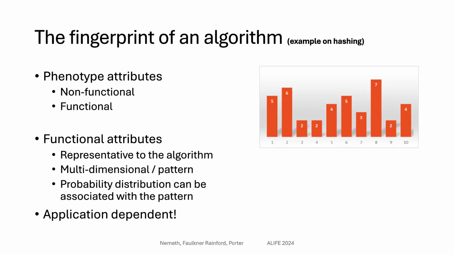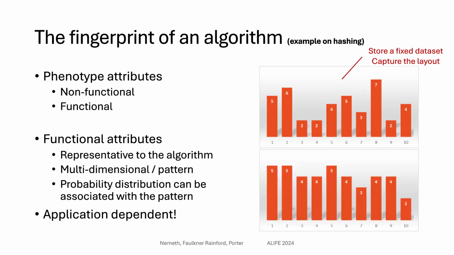So the essence here is we try to capture some measurable phenomenon that has a pattern or a multi-dimensional nature, and we can assign a distribution to it. Like in case of a hash function, it is a hash layout.